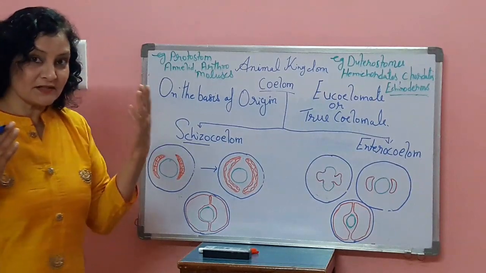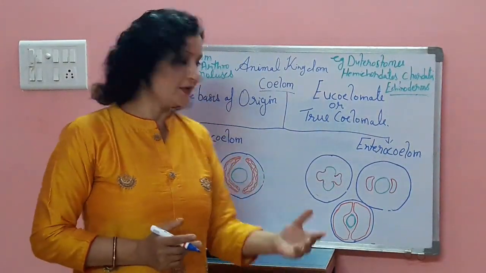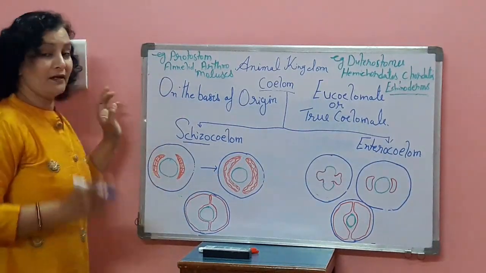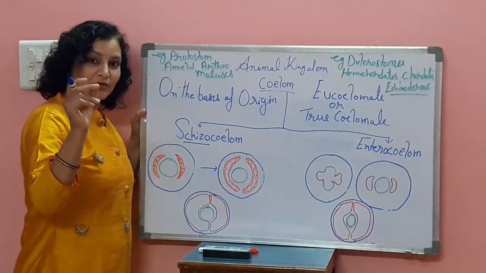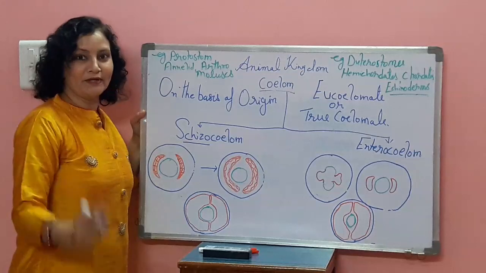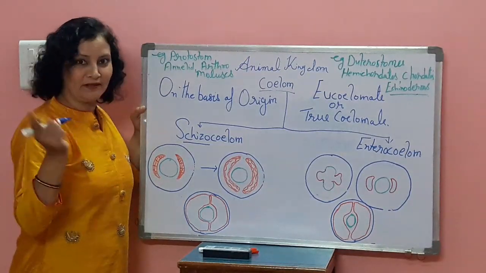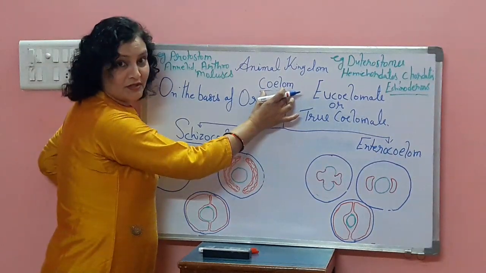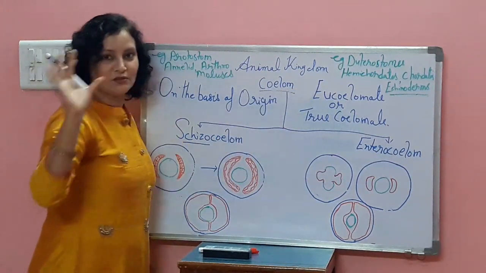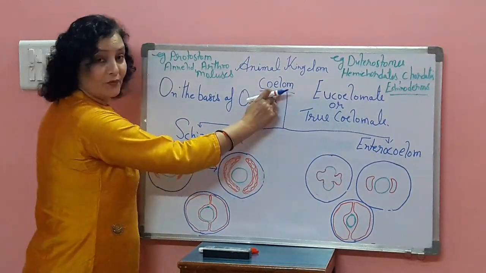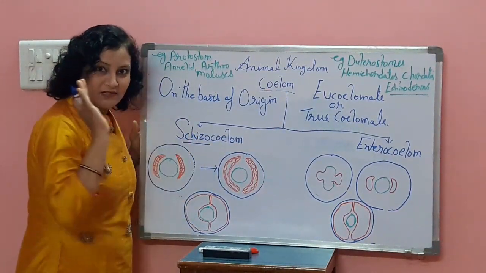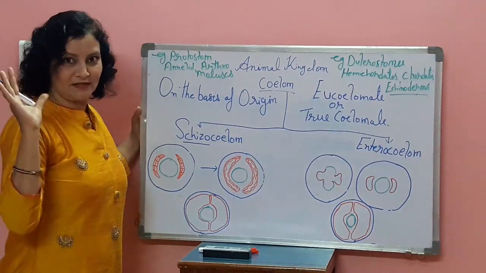Which layer, which type of cells are split to form the schizocoelom? Remember, I told you three main important germinal layers, ecto, meso and endoderm. The coelom mainly originates from the mesoderm. It arises from the mesoderm. So here the mesoderm is split, forming the coelom.